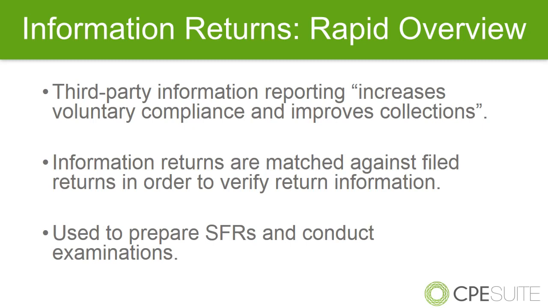We have to make sure that the SFR is accurate. The vast majority of the time, obviously, they are not. Therefore, we have to use wage and income transcripts, like we'll talk about later, in order to prepare a more accurate return that accurately reflects the taxpayer's situation. Because SFRs are very, very rarely correct.